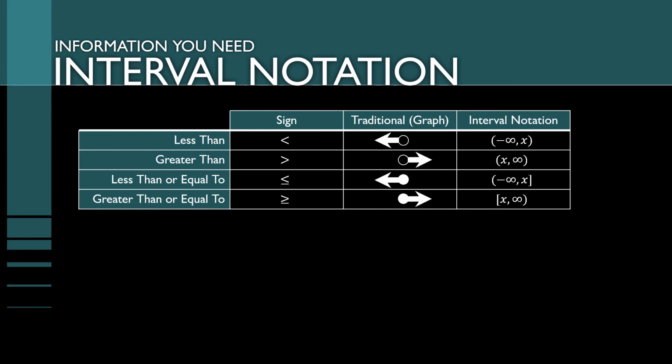Now, less than or equal to. With less than or equal to, again thinking on the number line, what comes first? In this case, it's the arrow. Then it's the closed circle. So since the arrow comes first and it's pointing to negative infinity, we're going to use open parenthesis, negative infinity, comma, our point where the closed dot would have been, which we're just going to call x, and because it's a closed circle, we're going to close it off with a bracket this time.